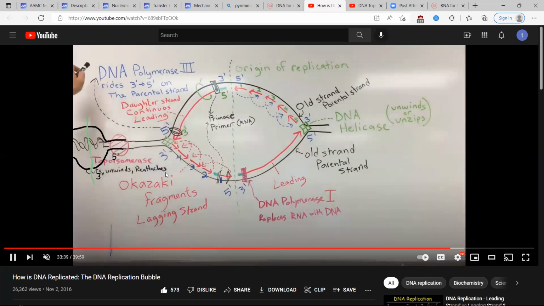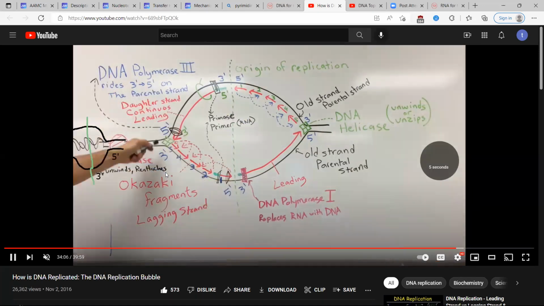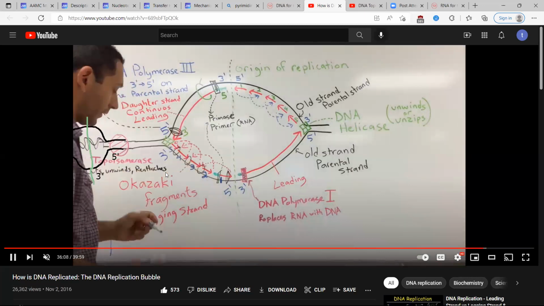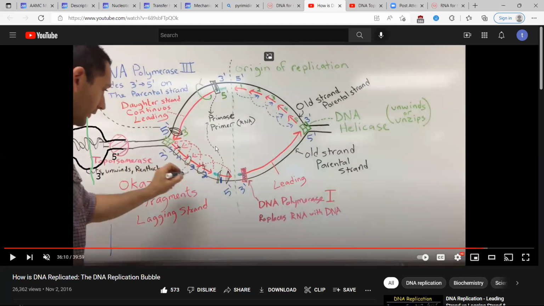And lastly, we need the ligase. DNA ligase, he's talking about right here. So the leading strand continuously goes, right? No problems there. But the lagging strand has these little bits where we just have these gaps because the DNA polymerase had to stop and get off, right?